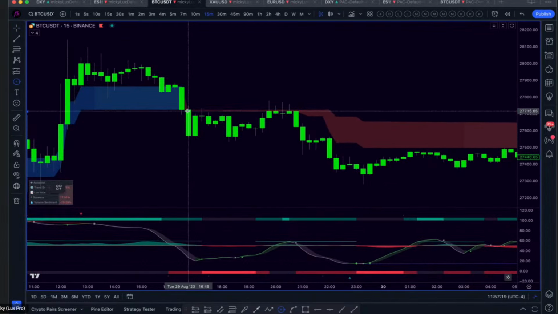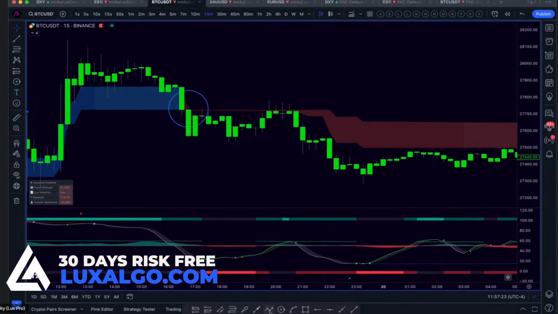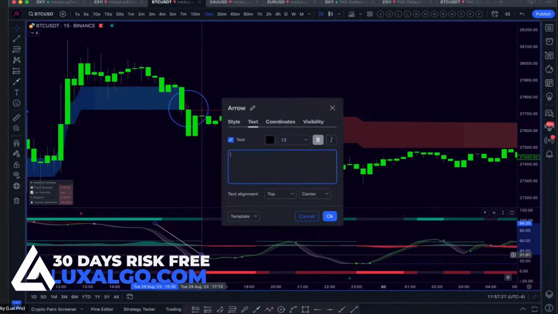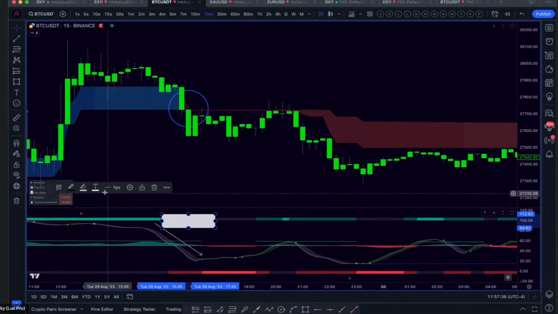There is your stair step, right? Here's your matrix, turning point down. Turning point down, we have matrix confluence zone, weaker, weak, all right?